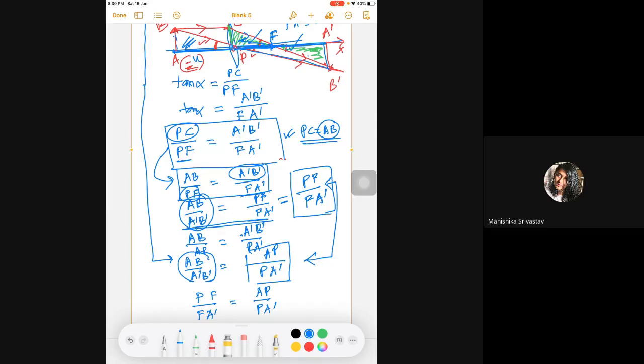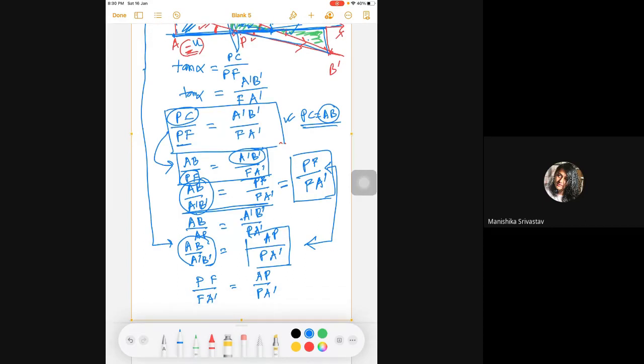Now AB by A dash B dash is coming to this, and again AB by A dash B dash is coming to this, PF by F A dash. So PF by F A dash I put here, and AP by P A dash I put here.